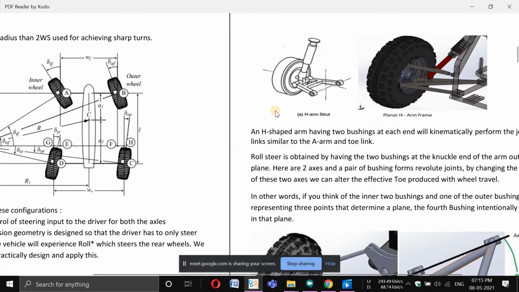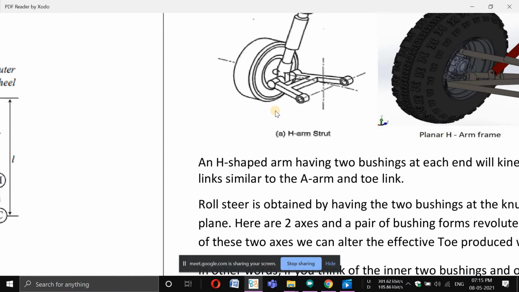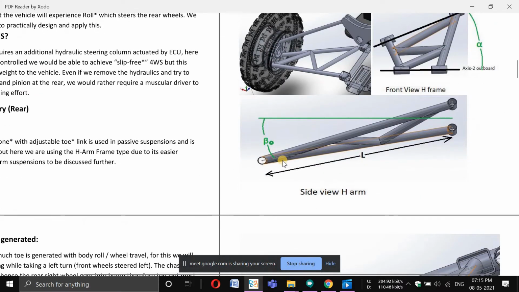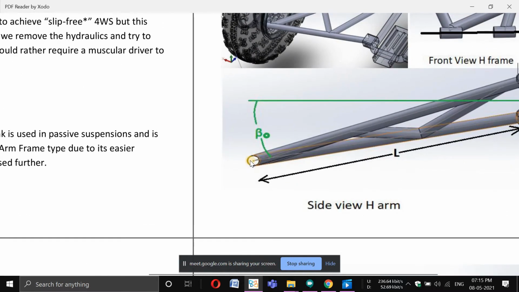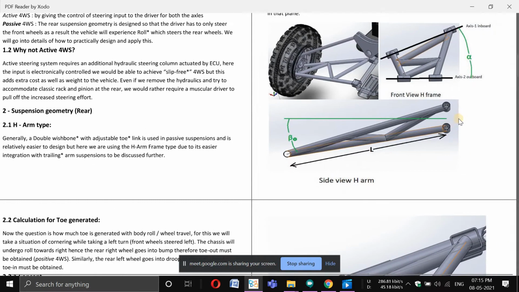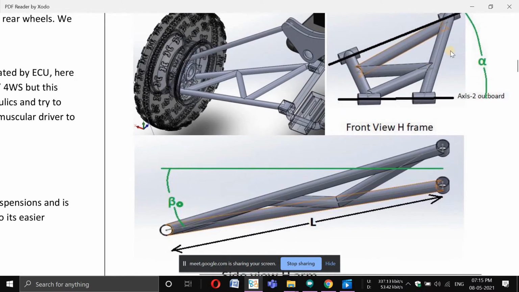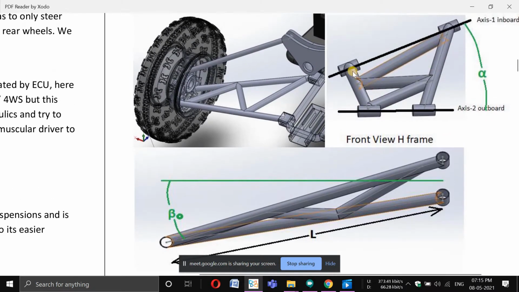This characteristic feature of the H arm I have exploited and made all these four points in different planes. Like this, if this is one of the axes, then these two points are in a different plane. This is the angle I am talking about, sir.